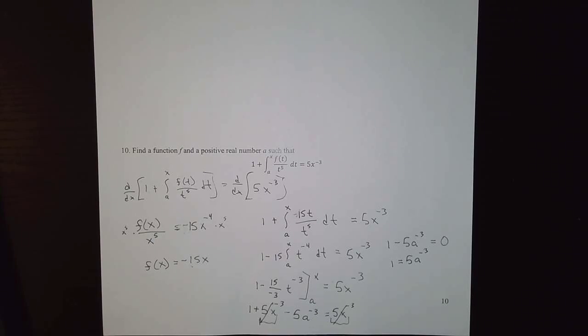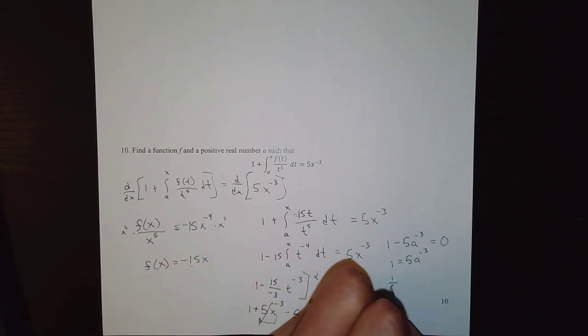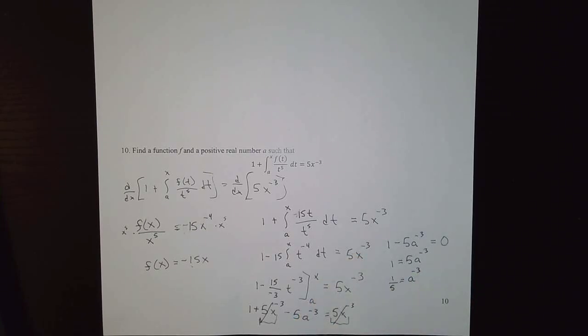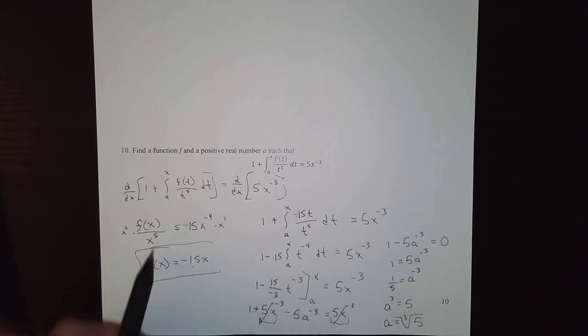And we can divide both sides by 5, so 1/5 is equal to a to the negative third power. Or this is the same thing as saying a cubed is equal to 5. And so if we take the cube root of both sides, we get a equals the cube root of 5. And so now we have our function and we have our specific a value.